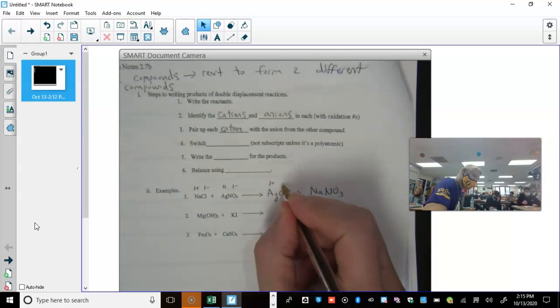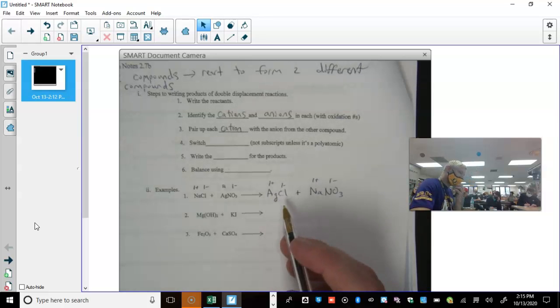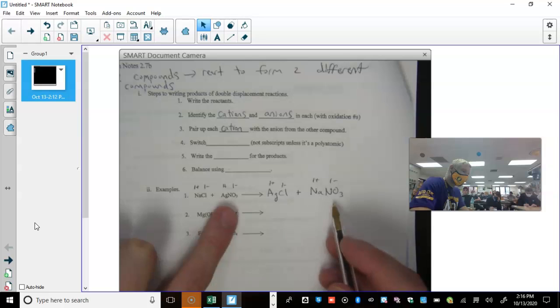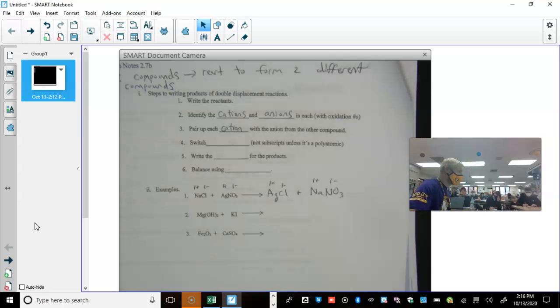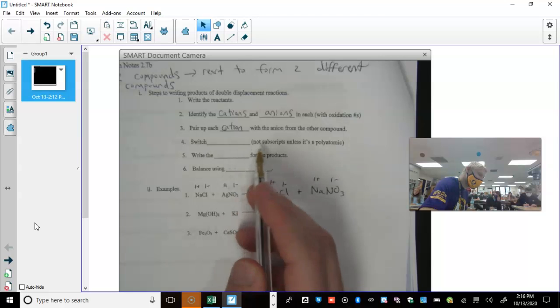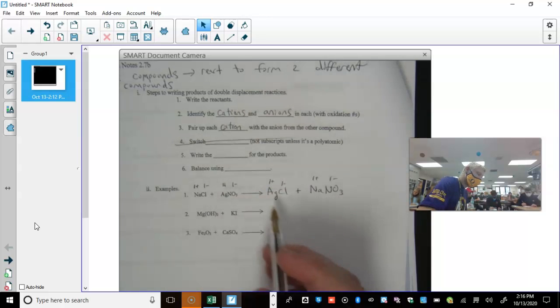I'm going to carry over the charges so I can balance these. +1, -1, +1, -1. These are both 0. And I've got a sodium on each side, a chlorine, a silver, and a nitrate. So it's already balanced on both sides, 0. Before I do anything more, let's figure out what the procedure is. It says switch. I don't know, this isn't my procedure that I do.